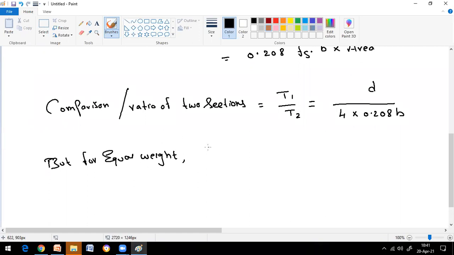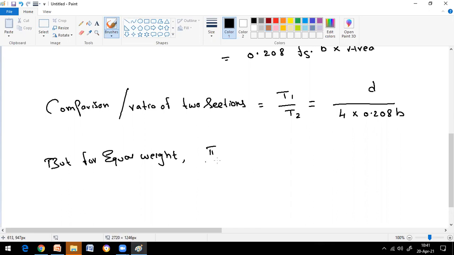Which parameter or which sectional property can I make equal when a member is having an equal weight? Anyone? Volume. Very good. We can make volume equal.